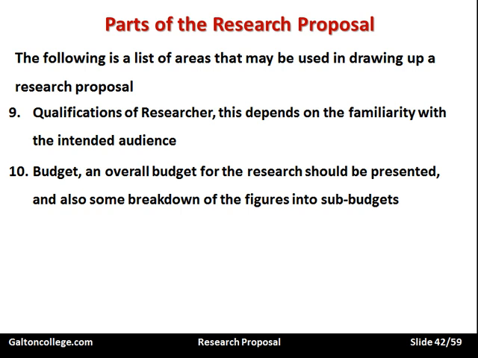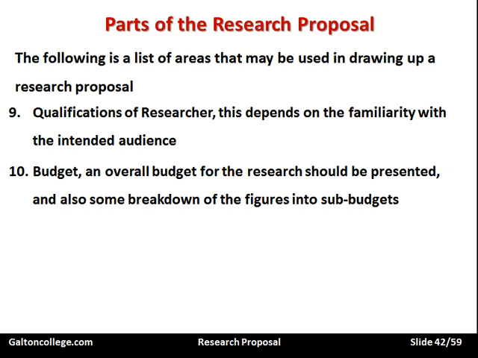The budget is something that should be made available if required, but the overall budget for the research should be presented, and some breakdown of the figures into sub-budgets also. It shows the extent of the research and the efficiency of the research, and also sheds light on the honesty of the research.